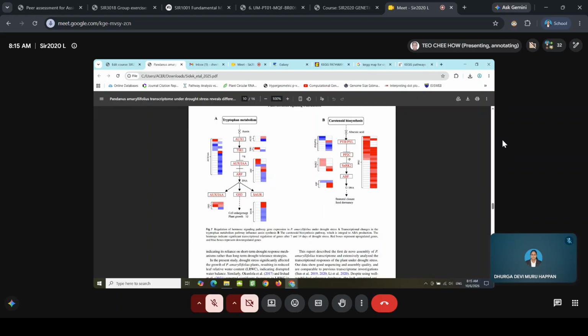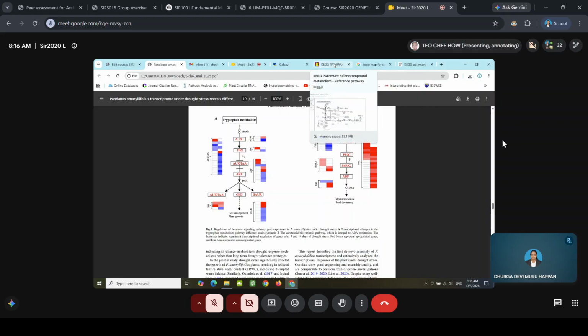In order to get the cell enlargement and plant growth, those genes listed in the pathway need to be upregulated, right? In order to have that. Same thing for here. So this is the kind of pathway that we are talking about.